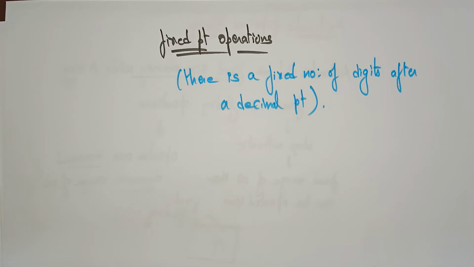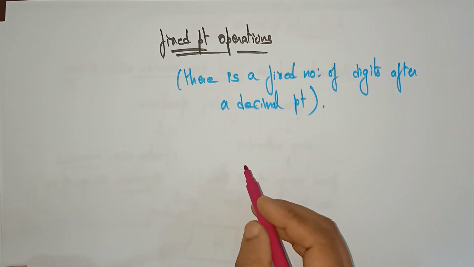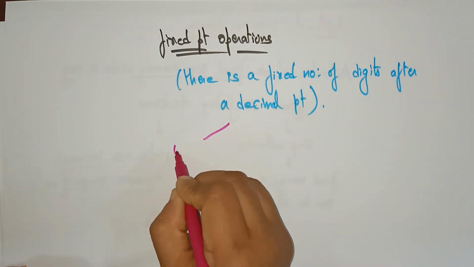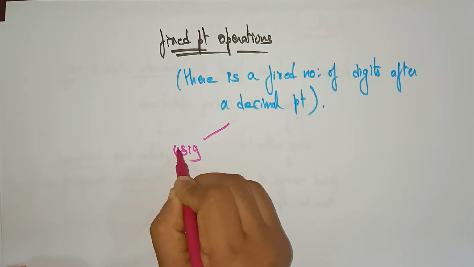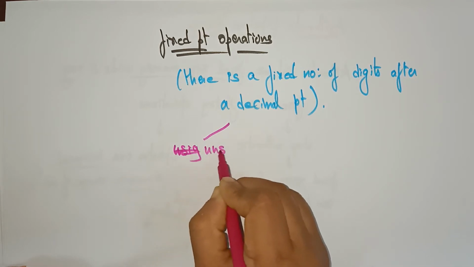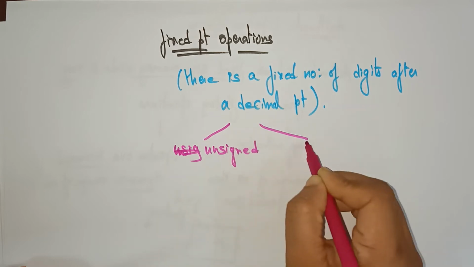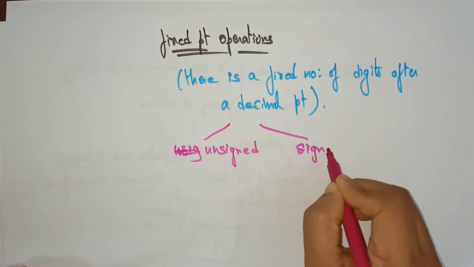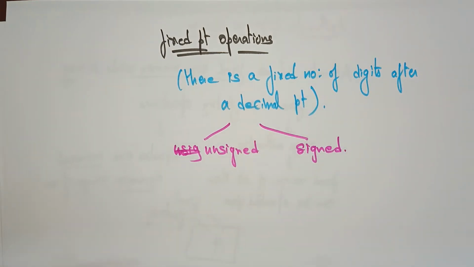The fixed point operations can be performed on unsigned numbers, and we can also perform them on signed numbers. That is, unsigned fixed point numbers and signed fixed point numbers.